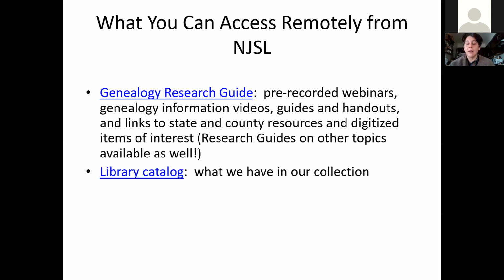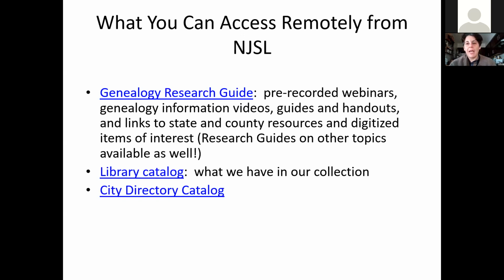And we're going to talk about that later, and I'm going to show you how you can use the library catalog to do this. And remember, we don't just have New Jersey research sources in our genealogy collection. We have resources for many other locales available to you.